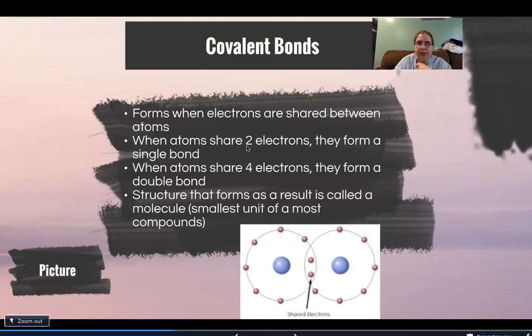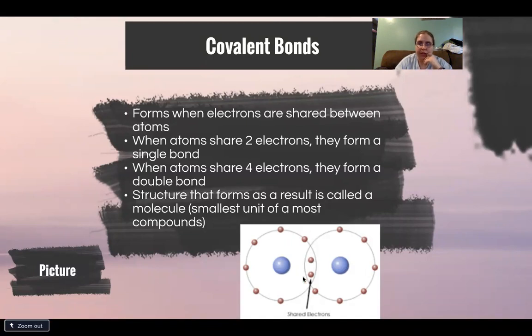If the atoms each share one electron, meaning there are two shared electrons, that forms a single bond. If they were each sharing two electrons, for a total of 4, it would be a double bond. So for every 2 electrons total, 1 from each, you get 1 bond.